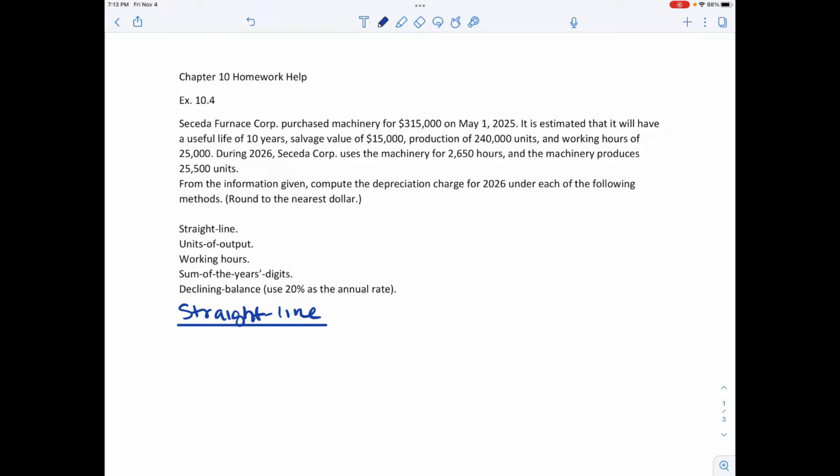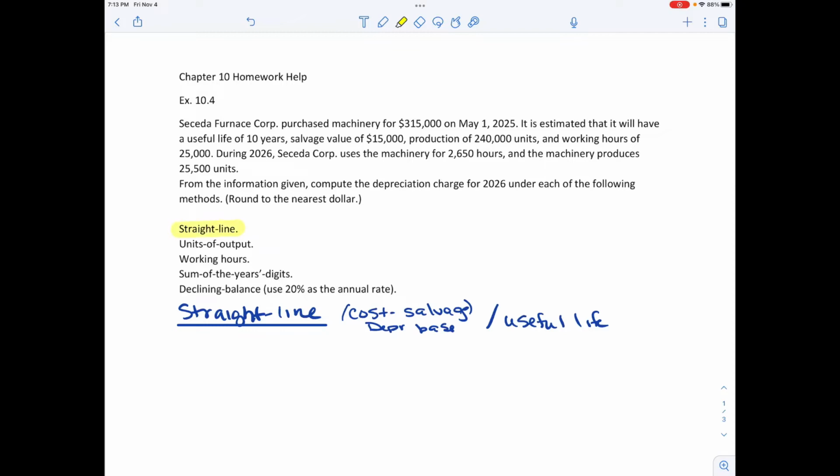This one's pretty straightforward. Remember, you take your cost minus your salvage value, and this is going to give you your depreciation base. And all you do is take that, divide it by your useful life. So let's go and find the information we need from this problem.